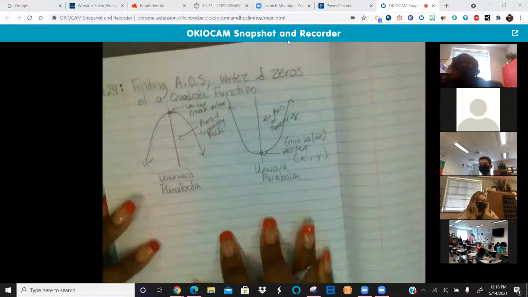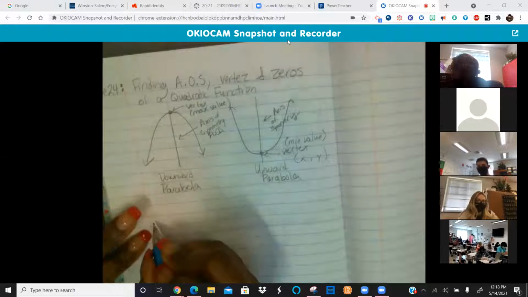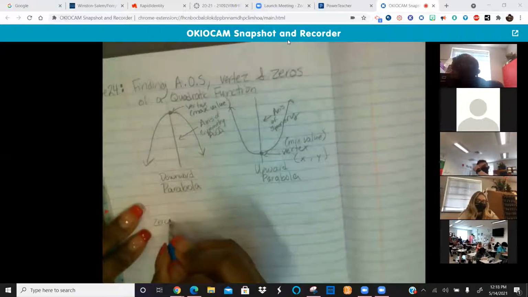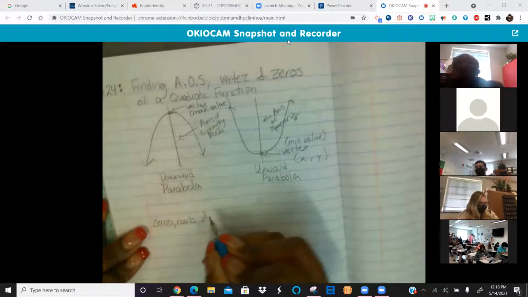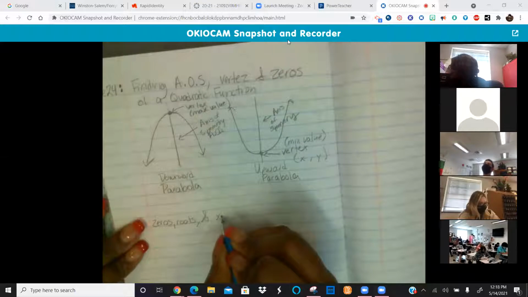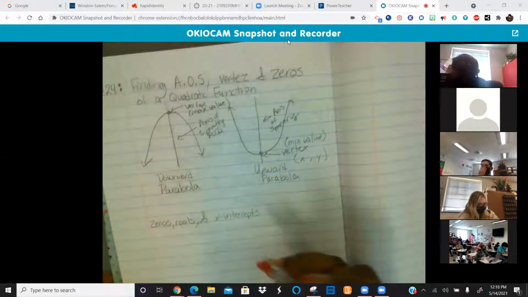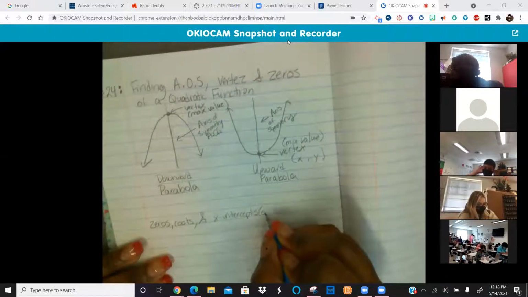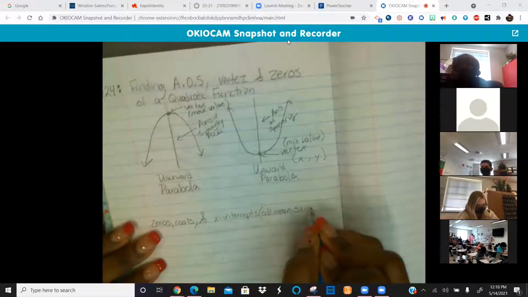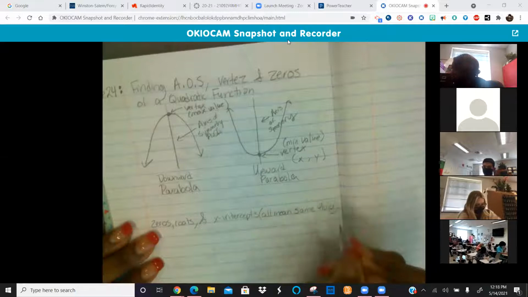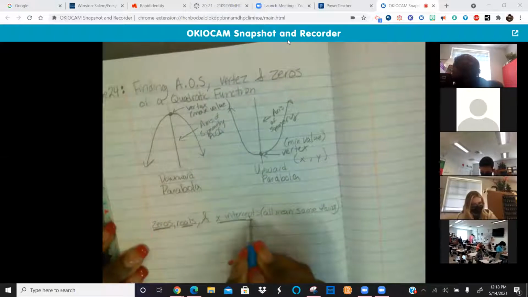All right. The next thing we need to add to this are your zeros, roots, and x-intercepts, which all mean the same thing. Roots, zeros, and x-intercepts all have the same meaning.